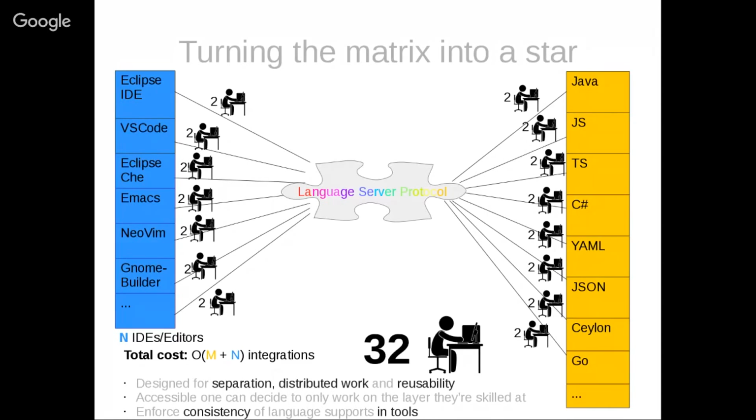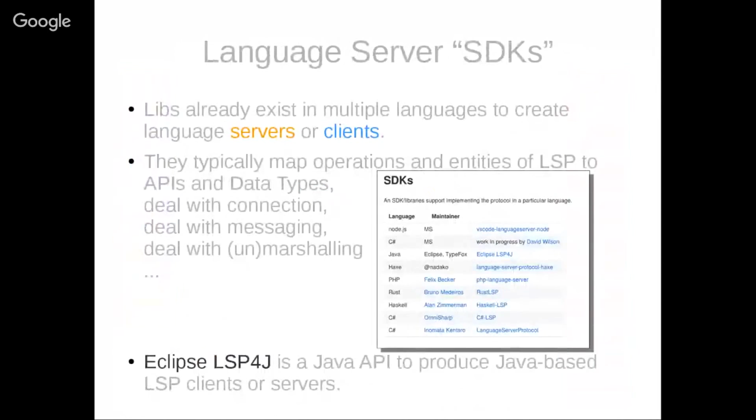Since a tool connects only once with the protocol, there is no need to copy-paste features from one language to another, and then it brings a lot more consistency to the editor experience, because you don't have to repeat the same commands, you don't have to repeat the same UIs and so on. So this consistency is very profitable for users who can easily switch from one language to the other and keep all their shortcuts and features very similar.